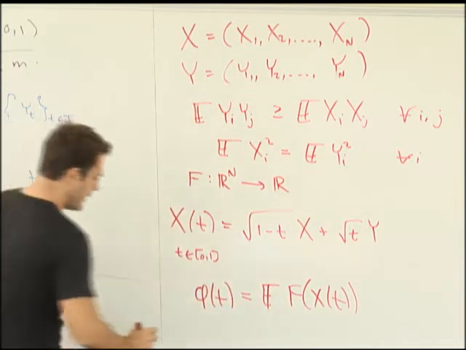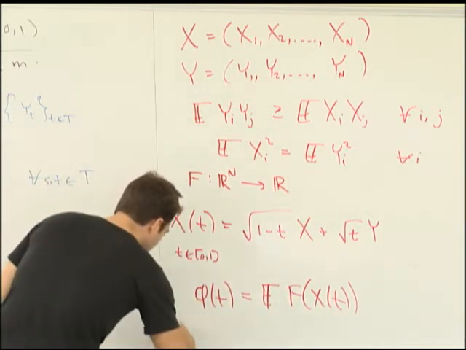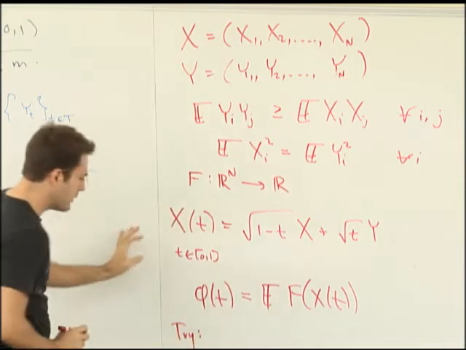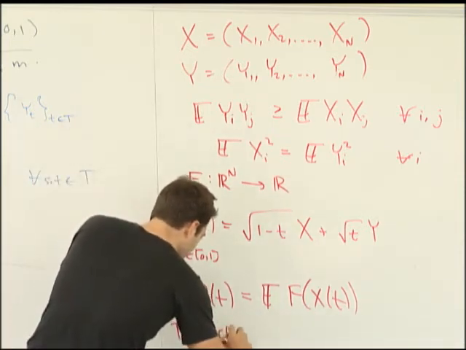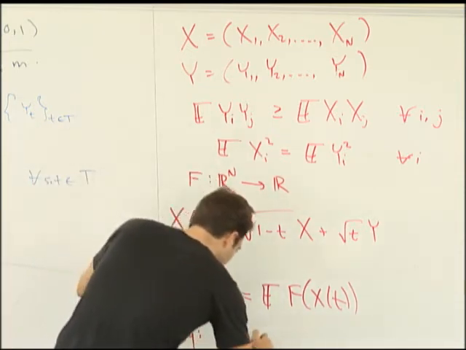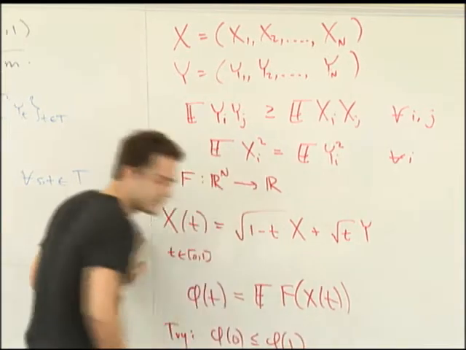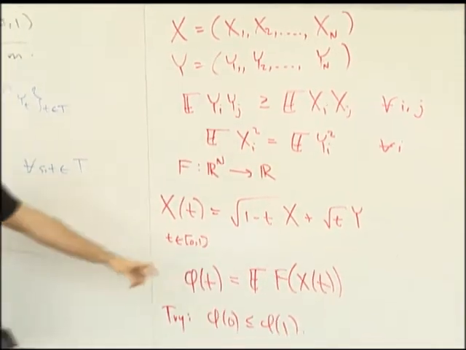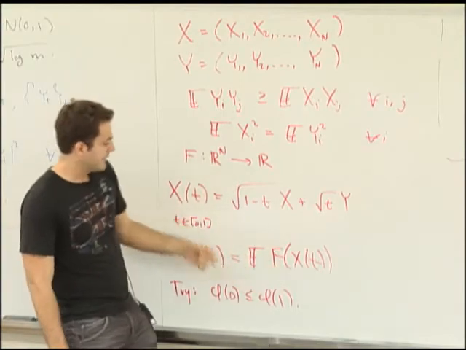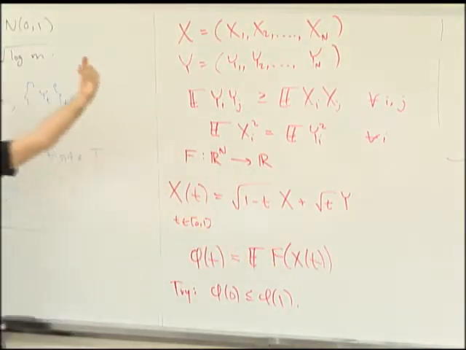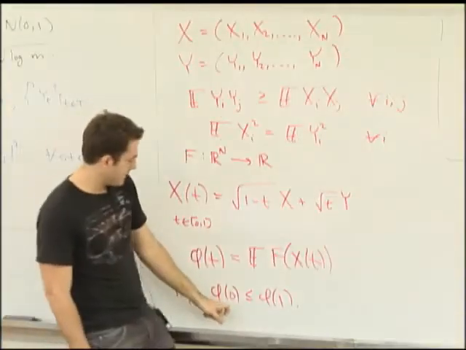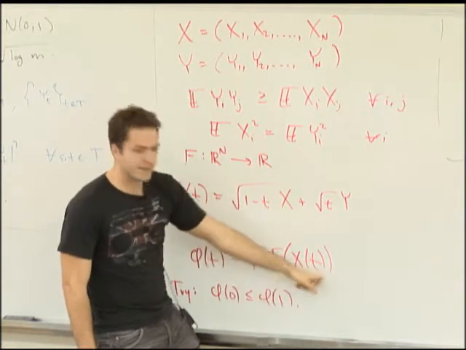And if this is phi of t, what we're going to try to show, and I haven't given any conditions on f yet, is that phi of 0 is at most phi of 1. And that will imply that the expected value of f on x is at most the expected value of f on y, because at time 0 this thing is x, and at time 1 this thing is y.